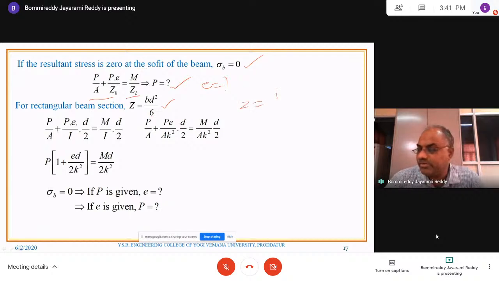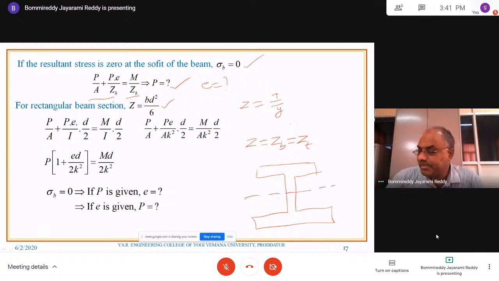Normally what is the Z value? Z is equal to I divided by y. In case of a rectangular section, Z bottom and Z top are all one and the same. But in case of any unsymmetrical I sections like this, if the moment of inertia and also the position of the neutral axis, everything is given, you can compute.